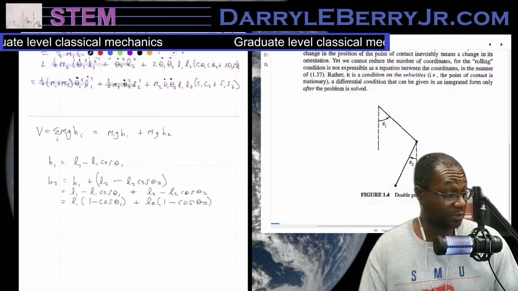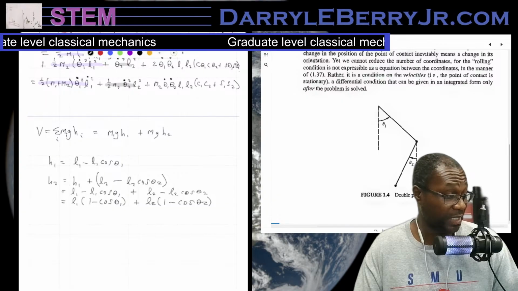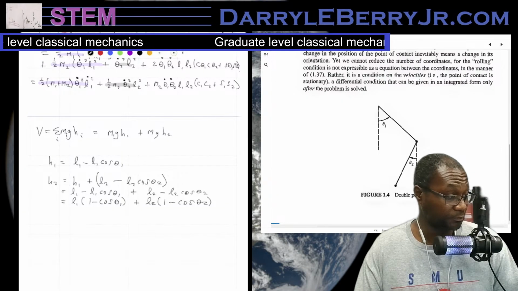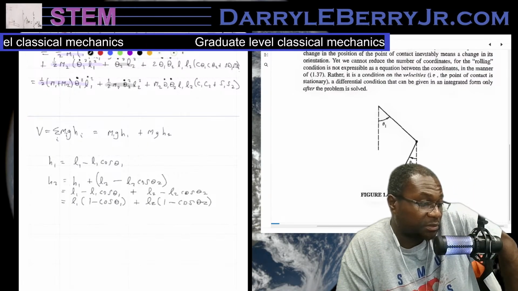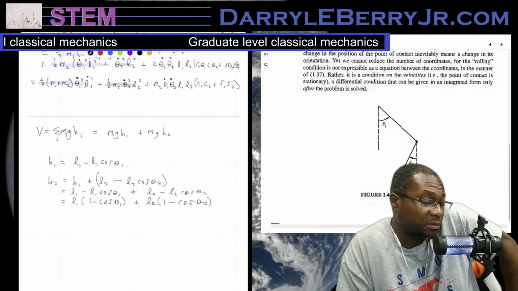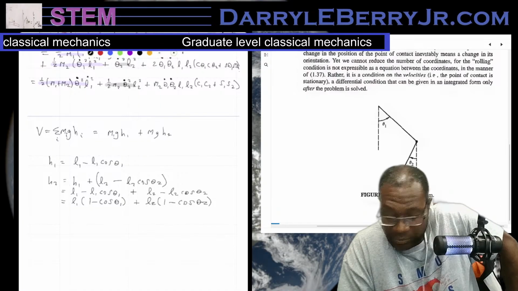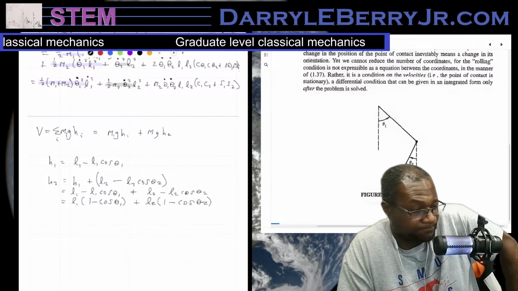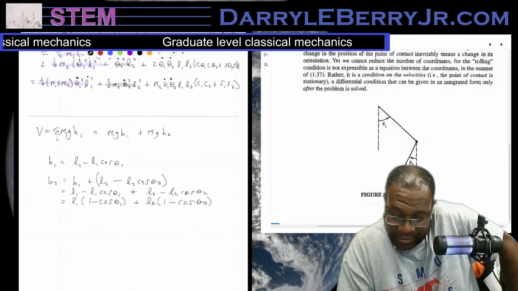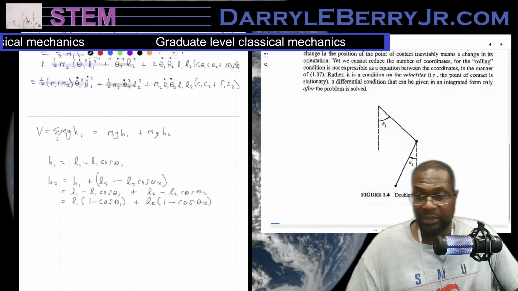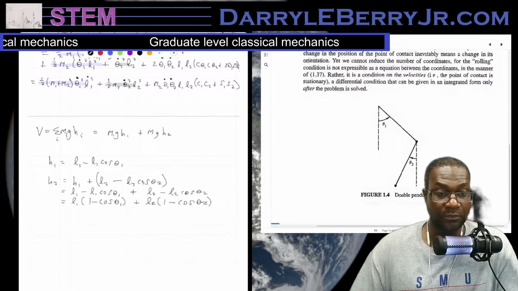Much more complicated than the one she did, but I shall try it out just to see what happens. Let me check one thing. I think we're good. So these two heights together will make the heights for each pendulum.